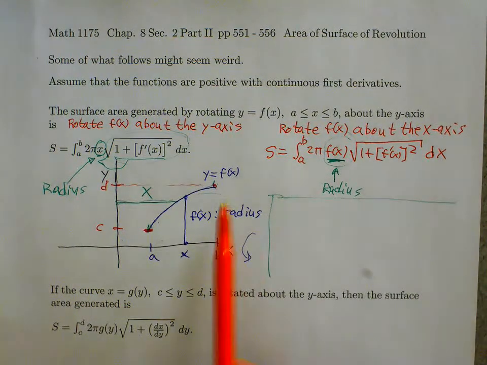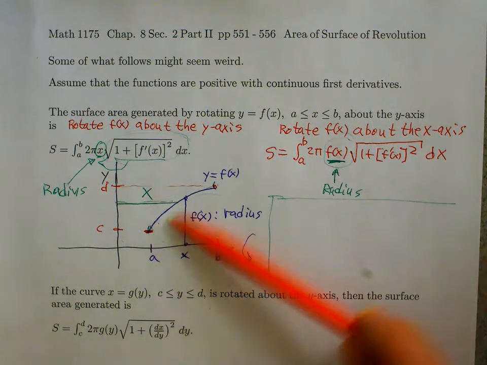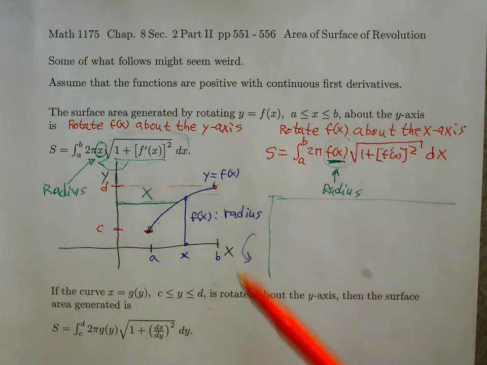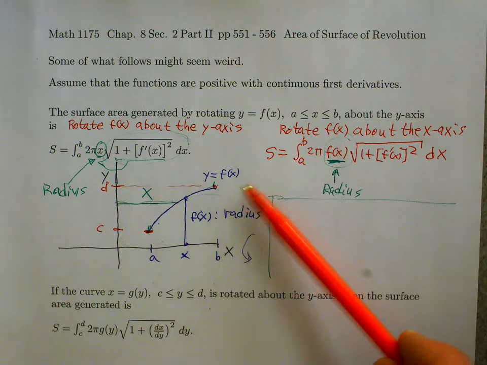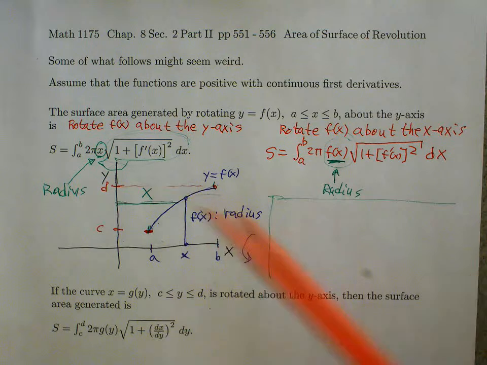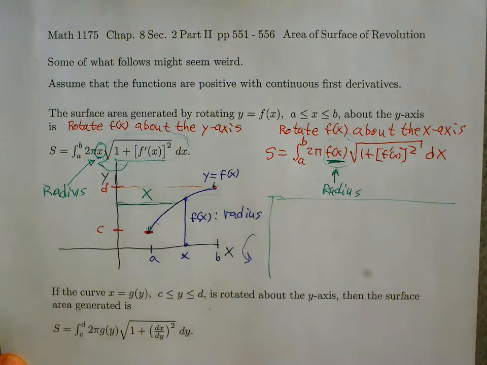So what we could do is, if it's a one-to-one function, we could easily define x as a function of y, which would give us the same curve as y equals f of x, only on the interval for y values from c to d.